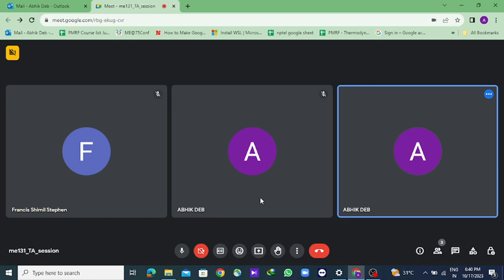Brass, aluminum, and plain carbon steel. Plain carbon steel has around 0.02, aluminum has 0.013. What other thing you said? White cast iron, right?